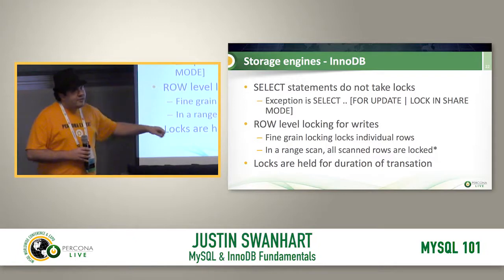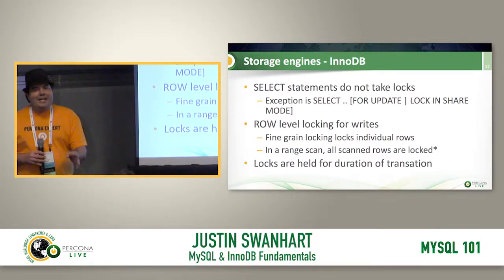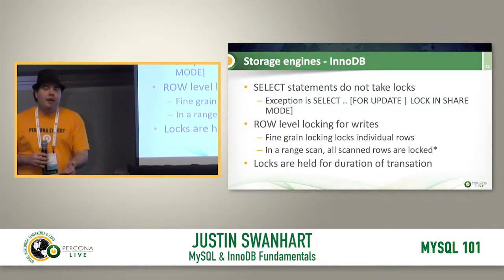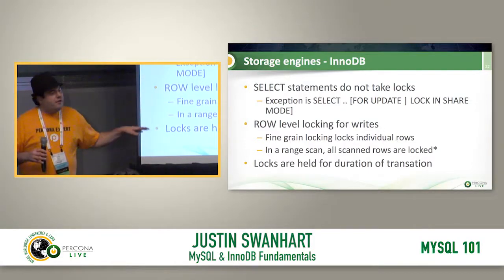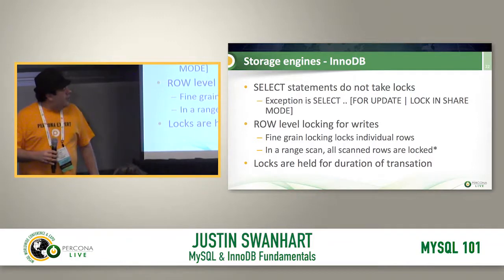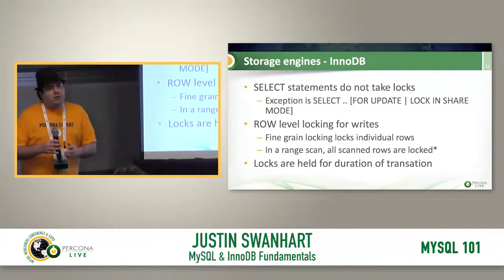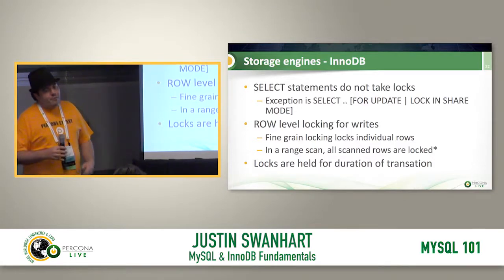I have little asterisks there because if you're in read committed, rather than repeatable read, which is the default, the locks on the rows that don't match the scan are actually released. But that's only if you're in read committed, and most people are in repeatable read.